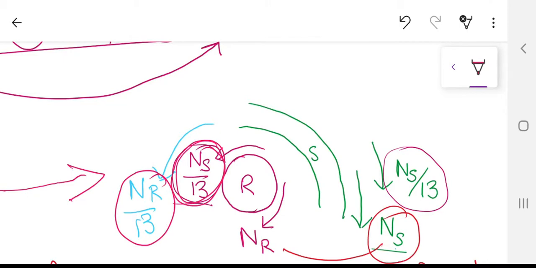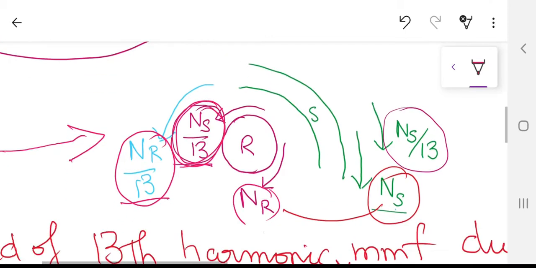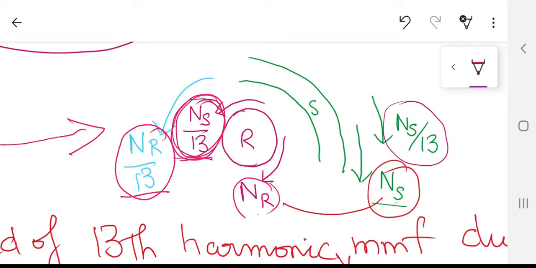In the next step, I am going to add the rotor speed, which is nr. At present, I have to deal with the rotor harmonics first. So the rotor harmonic with respect to the rotor's physical speed is ns by 13 minus nr by 13. Certainly, since ns is the higher quantity, if I want to find out the relative speed of the 13th rotor harmonic with respect to rotor, that will be ns by 13 minus nr by 13.